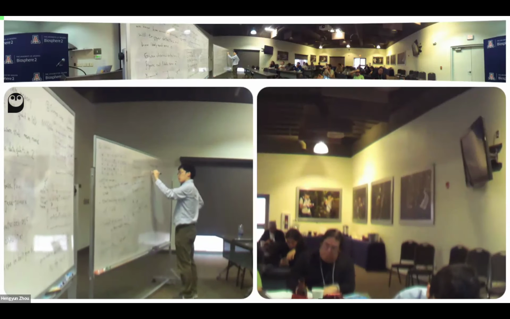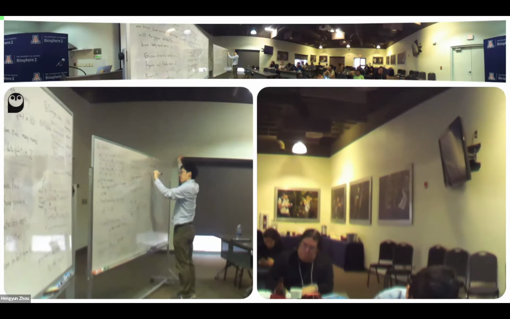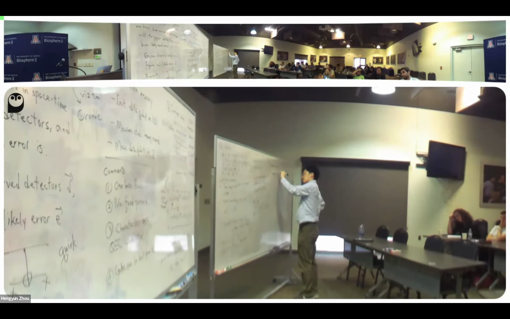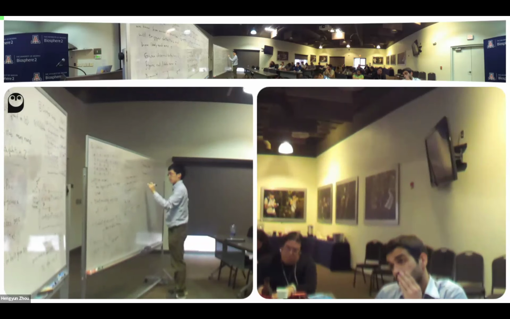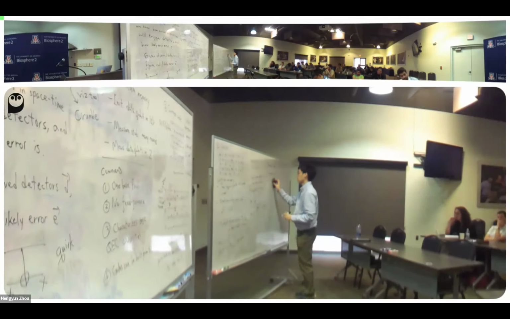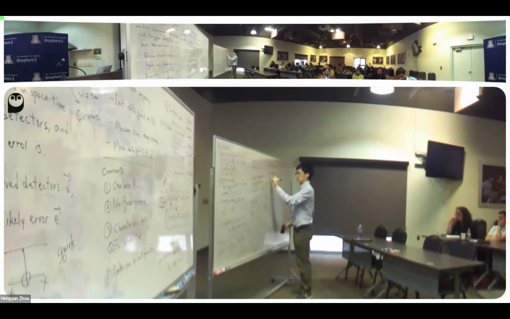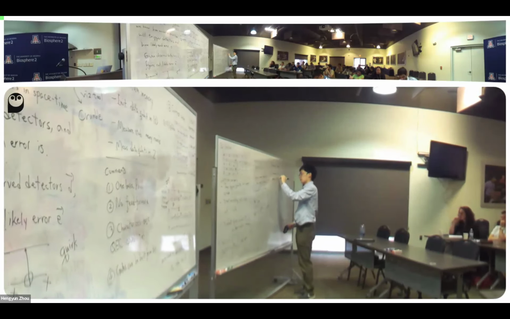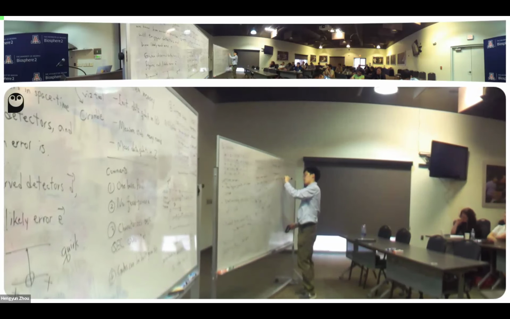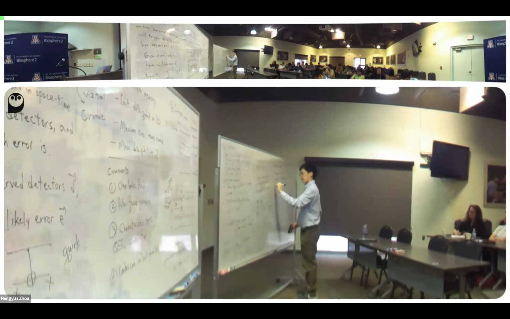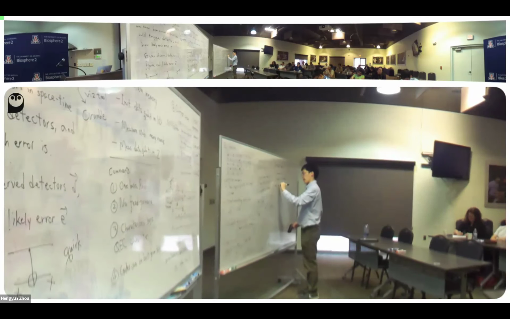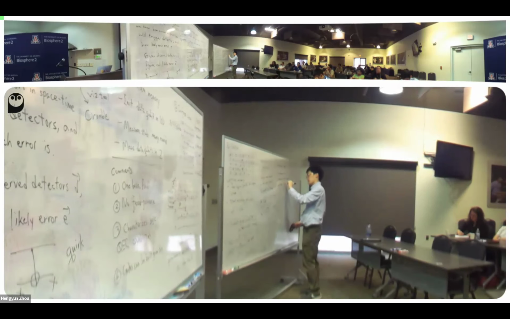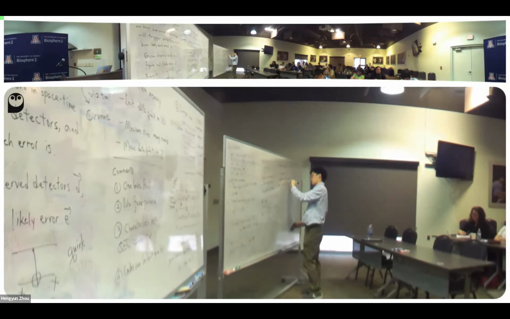In order to do a transversal CNOT, transversal CNOT is just a physical CNOT between each pair of corresponding qubits in two code blocks.